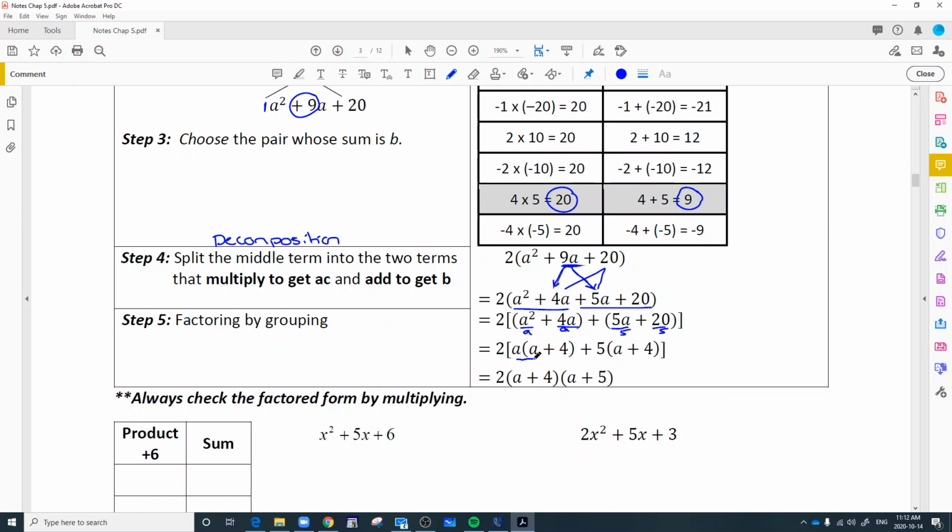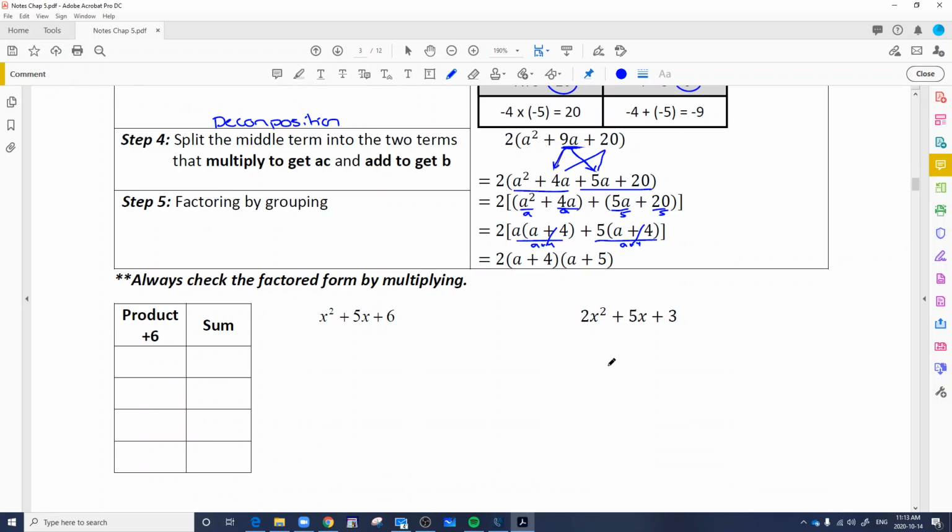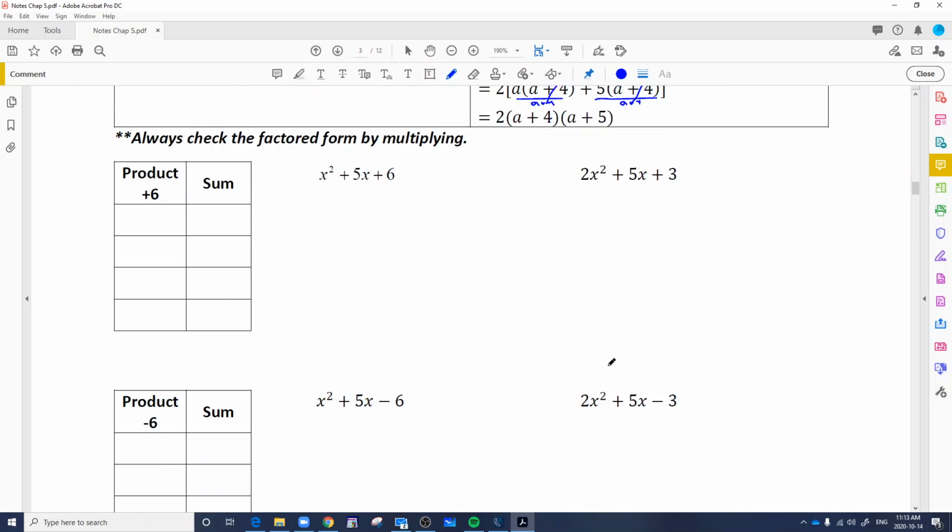You'll know you've done it right because you'll be left with a binomial that has a greatest common factor of a plus 4. So you're going to factor out that a plus 4, and you're going to be left with the 2 out front, the a plus 4 that we factored out, and then an a plus 5 that we're left with. And if I multiplied this back out, I would end up with 2a squared plus 18a plus 40. So that's the whole process, but let's go slow.